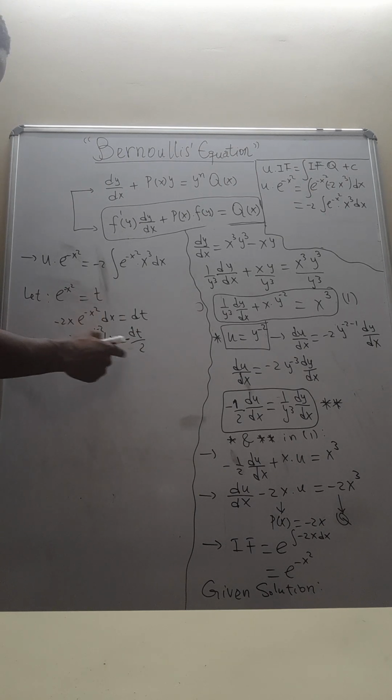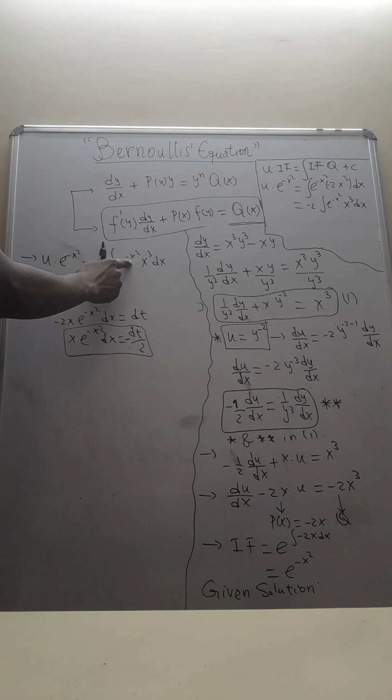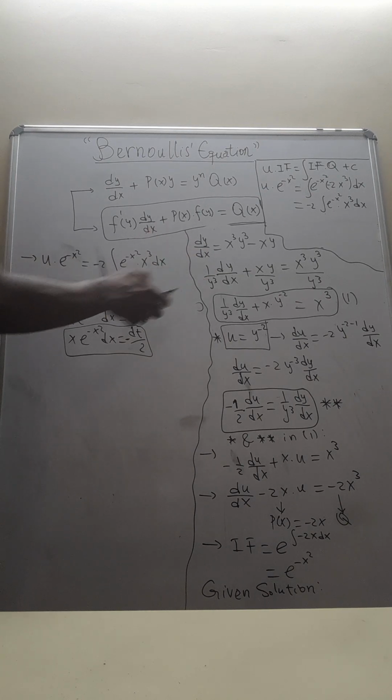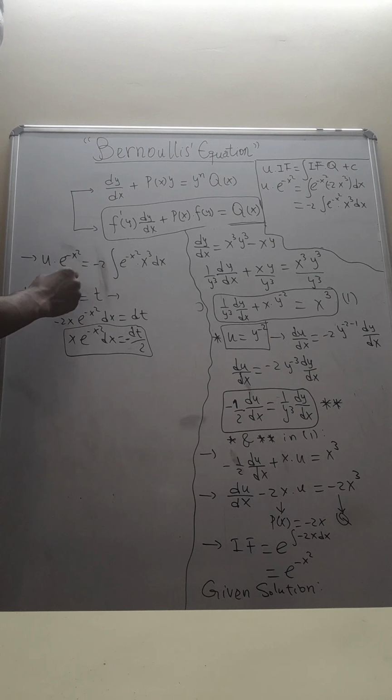Now see, this is what we got, the substitution for the differentiation term. But we have x Euler raised to minus x squared, and here we have x cubed. If I split x cubed, I get x and x squared. So I can find x squared directly and substitute it.